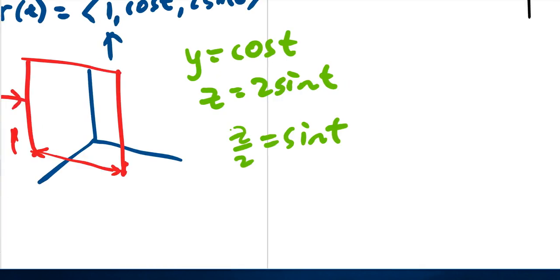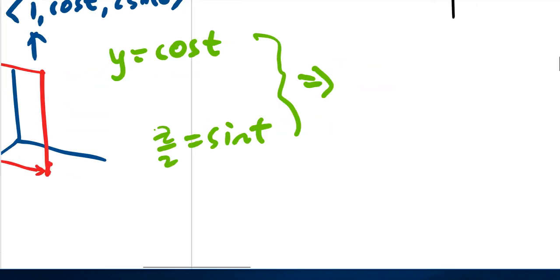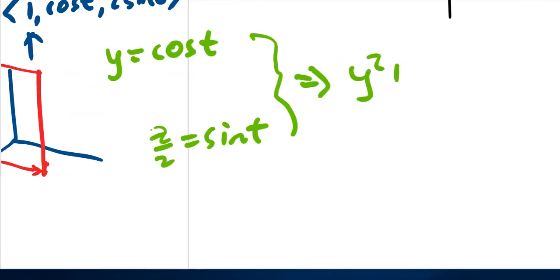And if you notice, y squared plus z squared over 4 is 1, because on the right would be cosine squared t plus sine squared t. You square both sides, so you get y squared and z squared over 2 squared.